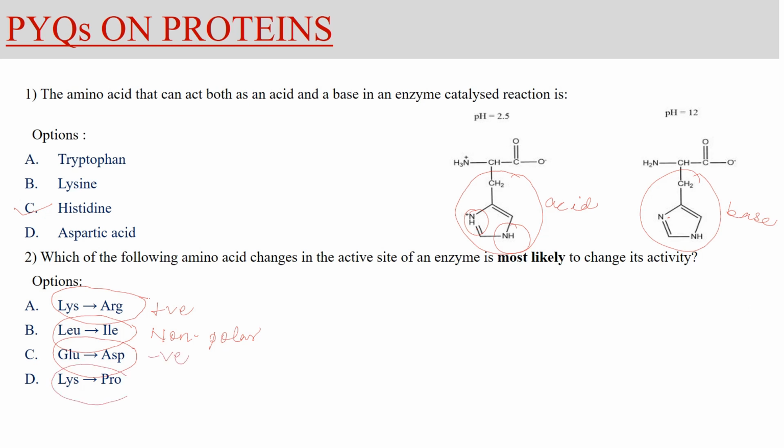And the next one is lysine to proline. Lysine is a positively charged amino acid and proline is non-polar. So there is a change from a positively charged amino acid to a non-polar amino acid. Therefore it would change the activity of the enzyme. Therefore option D is the correct answer.